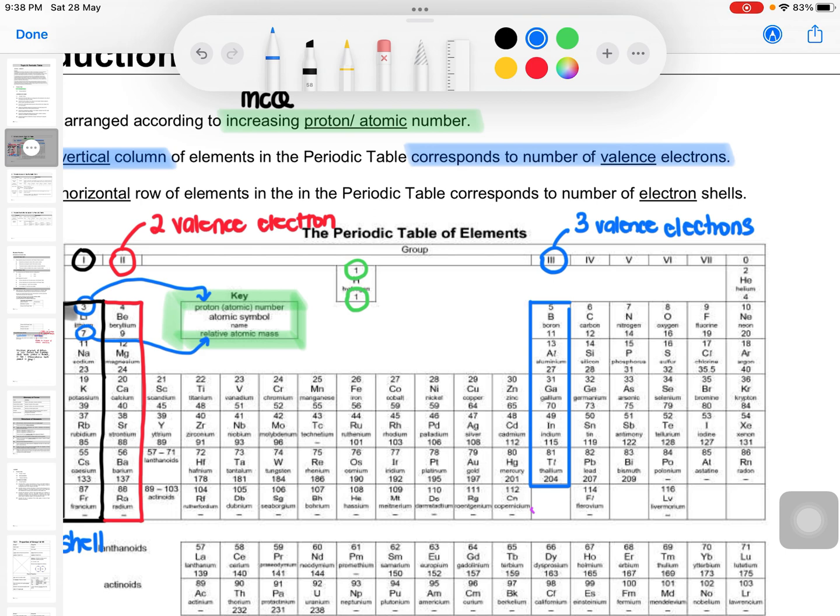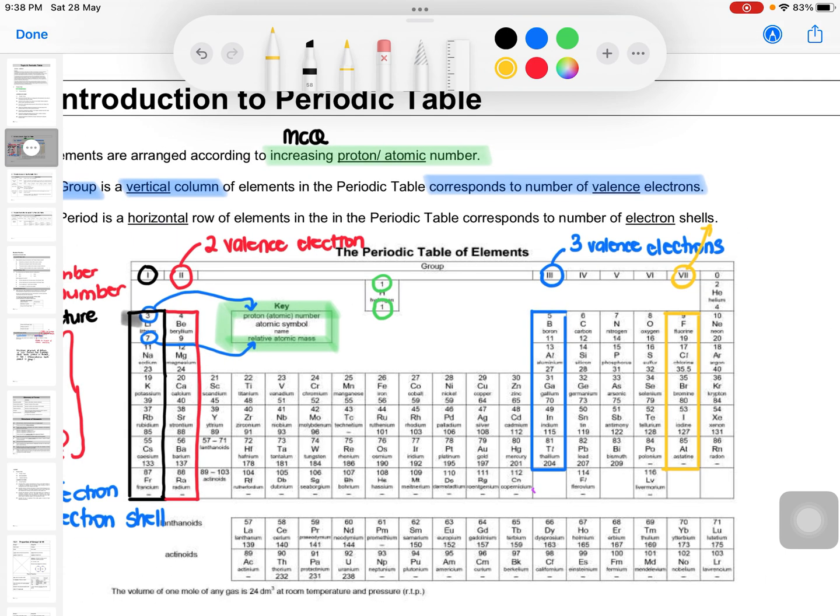So if you have, for example here, fluorine, in group 7, this means that I will have 7 valence electrons.